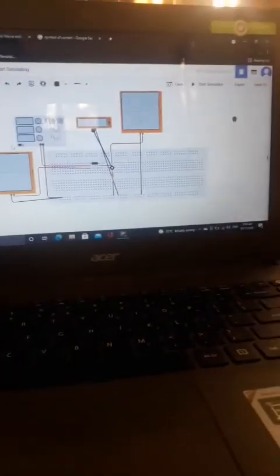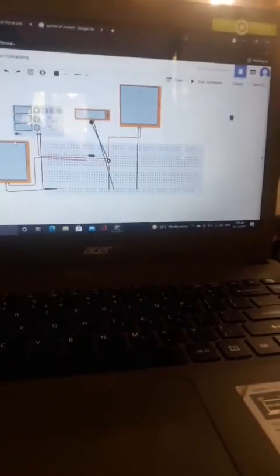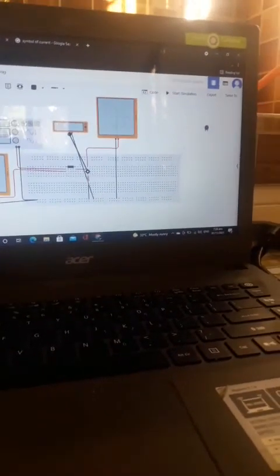So now we're going to measure the total voltage of this thing, and then the total resistance.